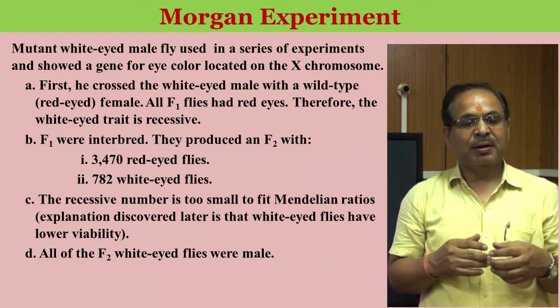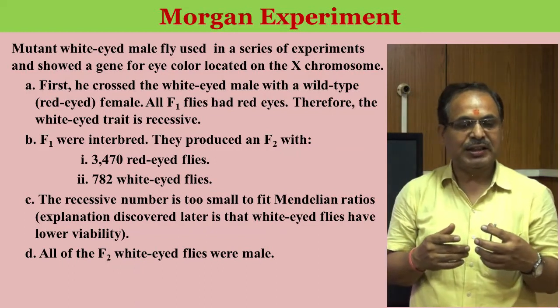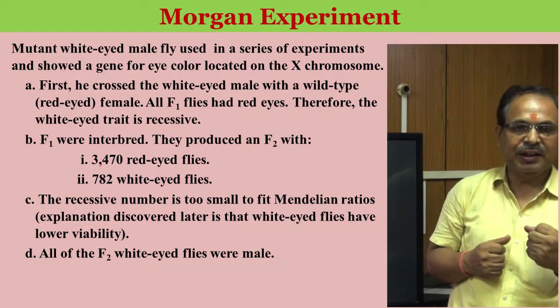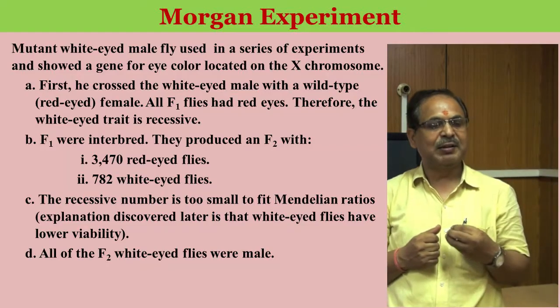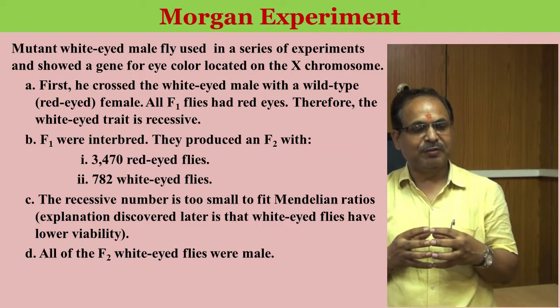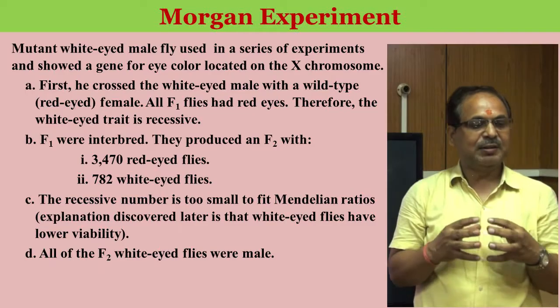Subsequently, Morgan repeated the experiments. He conducted experiments in which he crossed a mutant white-eyed male with a red-eyed female.